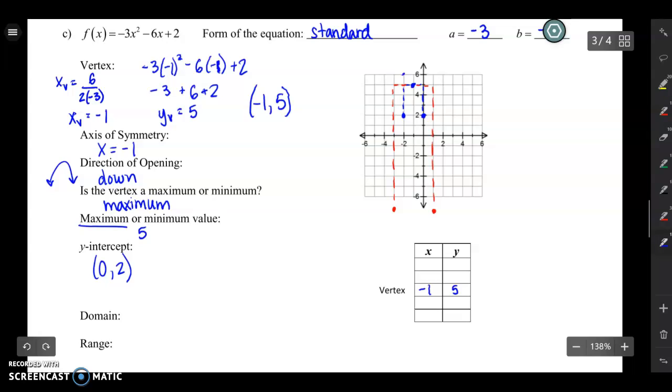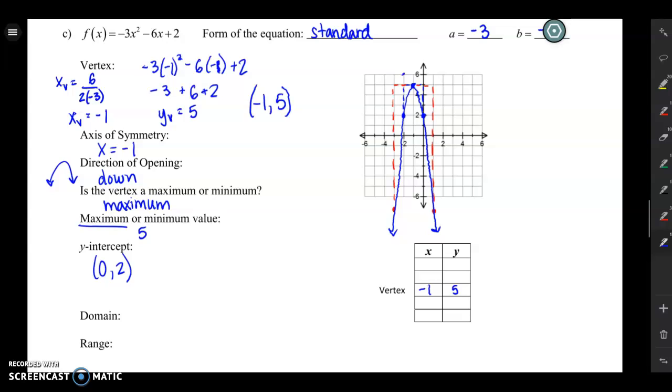Okay. Then I'm going to try to connect these dots. And I'm going to tell you this, when your graph is skinny like this, it can be really tricky to make your graph look curved. So you want to make sure that your graph is U-shaped and not a V shape. Okay. Let's go ahead and fill in our table with these points that we found.